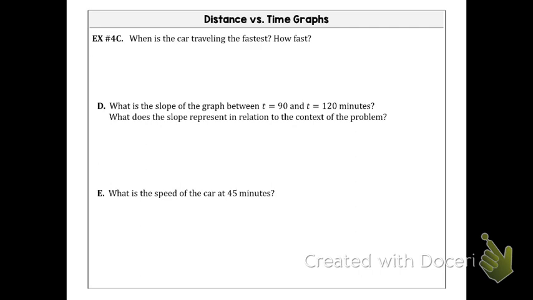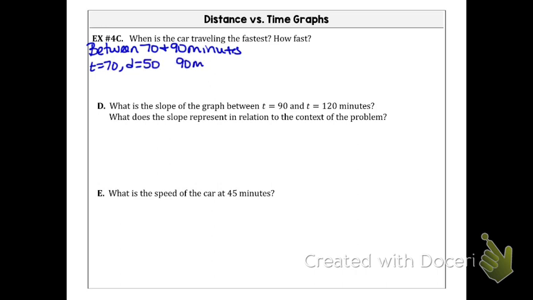All right, C says, when is the car traveling the fastest and how fast is it? Well, we're looking for where it's the steepest, which is going to be between, it looks like, 70 minutes and 90 minutes. And it says how fast. So at 70 minutes the distance is 50.